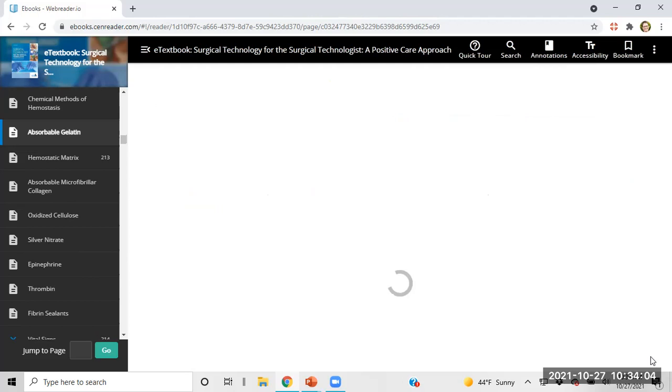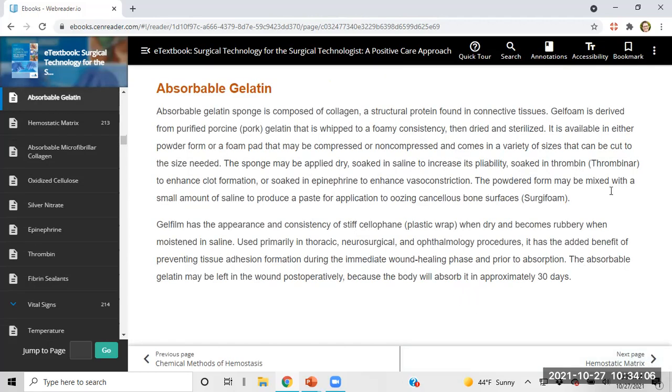Then we have absorbable gelatin. These are like gel foam, gel film, and these are collagen. These have different components. You may see this one is pork gelatin, and it is dried, and then you'll reconstitute it.